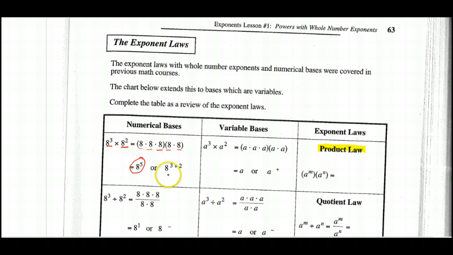So the rule is, when we're multiplying powers with the same base, this is important, the same base, in this case 8, we add the exponents. So 8, 3 plus 2. The general rule is a cubed times a squared is a to the 5th, or a to the 3 plus 2.